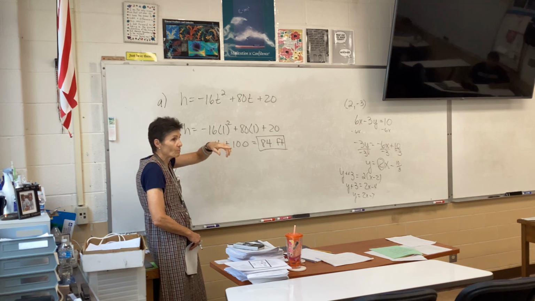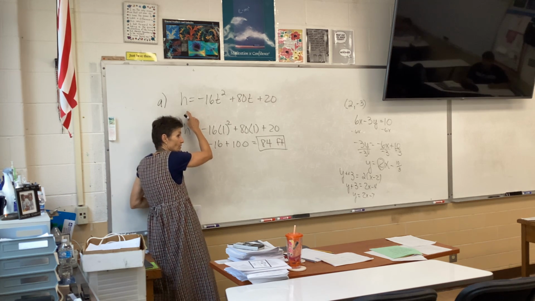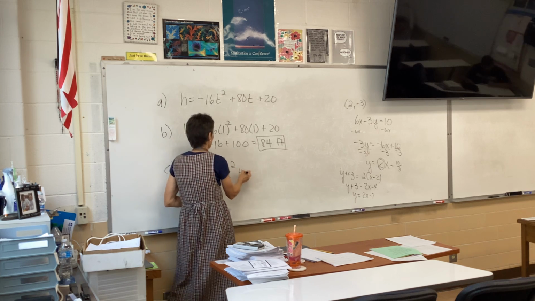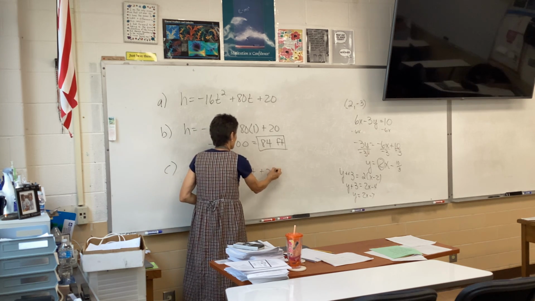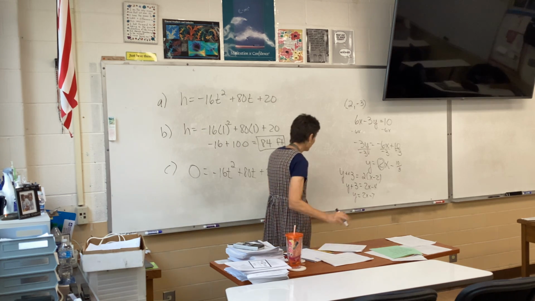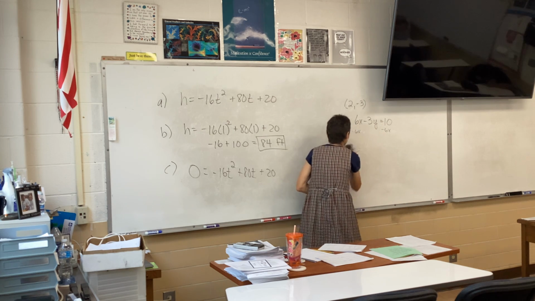What, something 0, what 0? The height is 0, right? If you're on the ground, your height is 0. So 0 equals -16t squared plus 80t plus 20. That is a scary looking equation, I agree. We need to solve it.